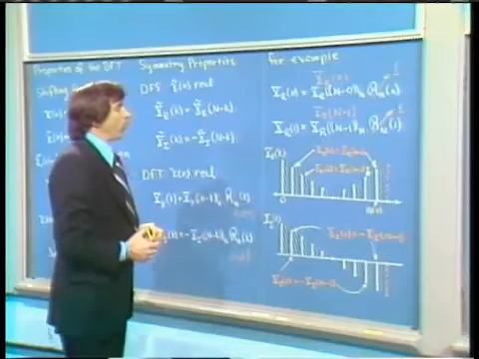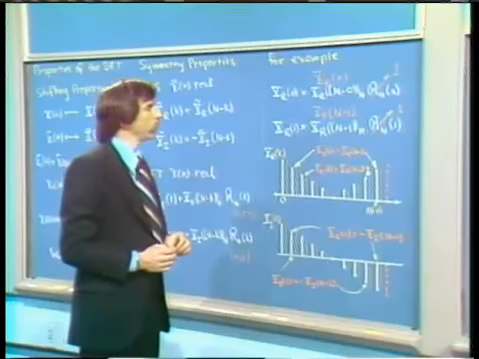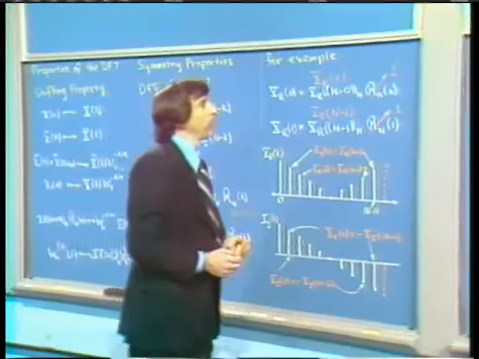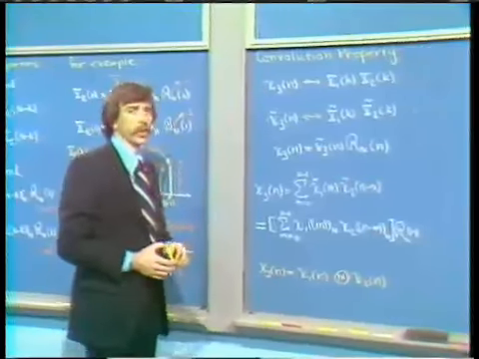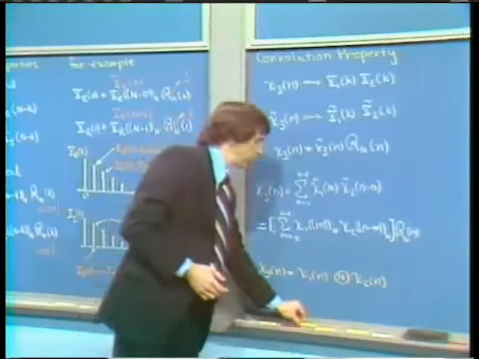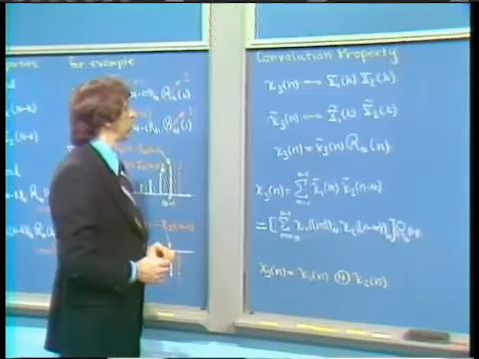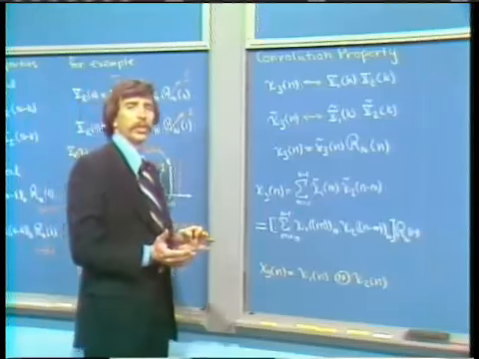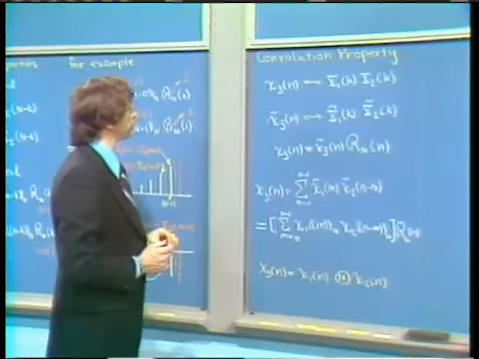Okay, that is just a simple introduction to the symmetry properties. We have also, as we've talked about with our other transforms, the convolution property. And the convolution property relates very heavily to the type of convolution that we were talking about for the discrete Fourier series.